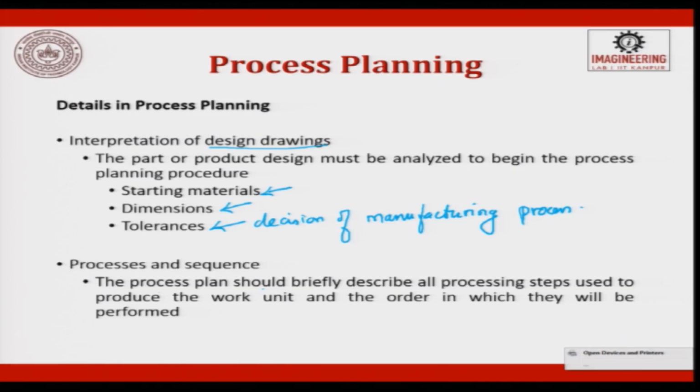The description can be in words or in figures. Figures are very much appreciated. Describe all processing steps used to produce the work unit and the order in which they will be performed. This description will help you understand the processes and their sequence.